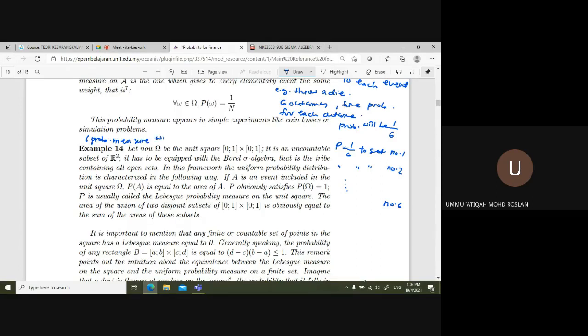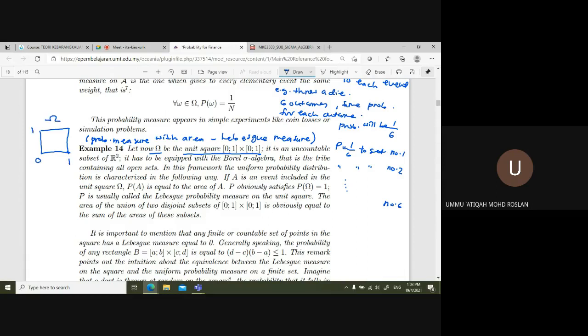If we go to example 14, this is about a probability measure with area, and in fact we use the concept of Lebesgue measure here. In this example, our omega is the unit square [0, 1] times [0, 1].